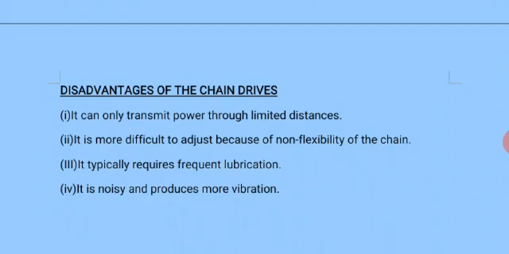Then number 4, which is the last one here: the chain drive is always noisy and produces more vibration. It's also due to the material used to make it, because both the chain and the sprocket are made of metal, so when they are rolling together, there is bound to be noise and vibration.